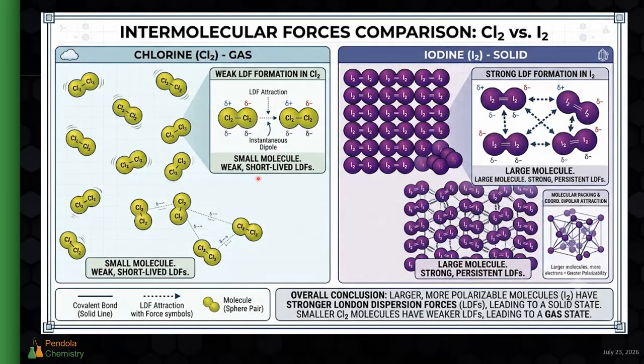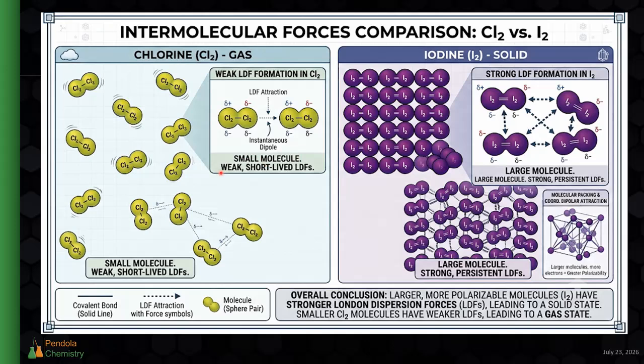So this is a visual representation of the fact that we just talked about. When we have chlorine or iodine molecules, chlorine is a gas at room temperature because the chlorine atoms are much smaller than the iodine atoms. The chlorine atoms being smaller means that their London dispersion forces, which happen because of temporary and induced dipoles, are going to be weaker.